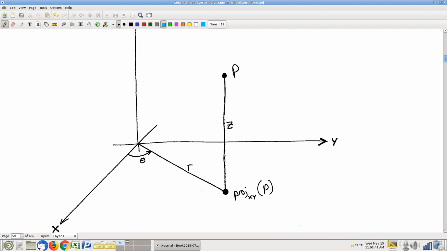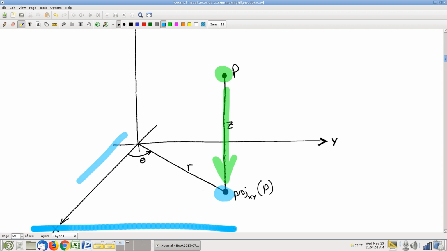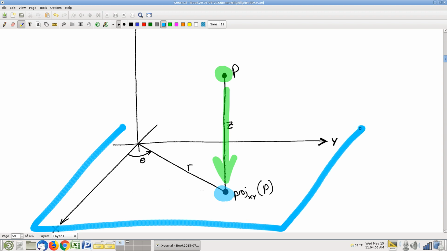The idea is if you want to describe a point in space, we can do so by first dropping a perpendicular down into the xy plane. In the xy plane, this projection down here has polar coordinates.